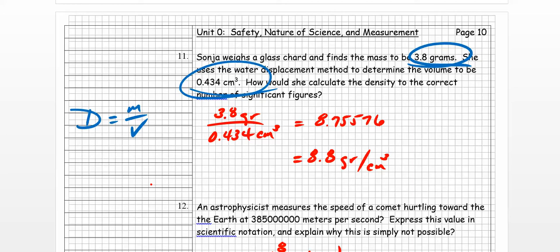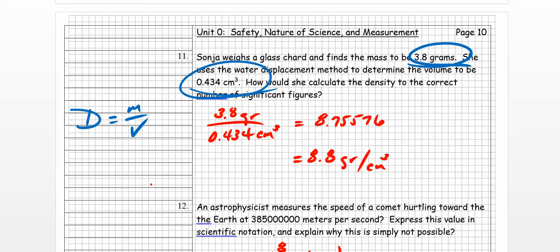Easy enough. When I do that on the calculator, here's the number I get, 8.75576. That's what the calculator shows me, but I know I can't have that number of significant digits. I'm dividing 3.8 by 0.434. The 3.8 has 2 significant digits. The 0.434 has 3 significant digits. The way that I handle division is by taking the lesser of the 2.